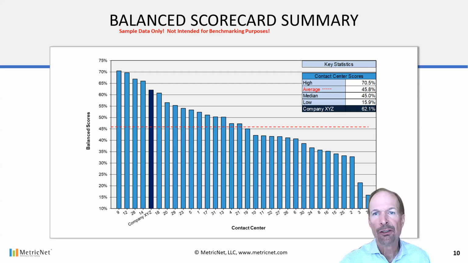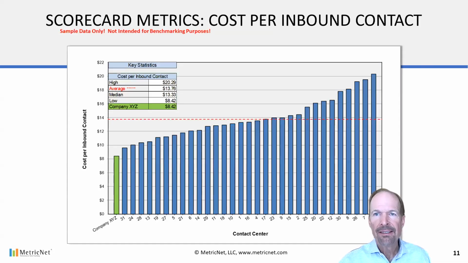And the legend that appears in the box in the upper right corner shows several statistics for the metric, including the maximum value, the average value, the median value, the lowest value, and the Contact Center XYZ value for the balanced scorecard. On this and the next 5 slides, I will show you what the distribution chart looks like for each metric in the scorecard.